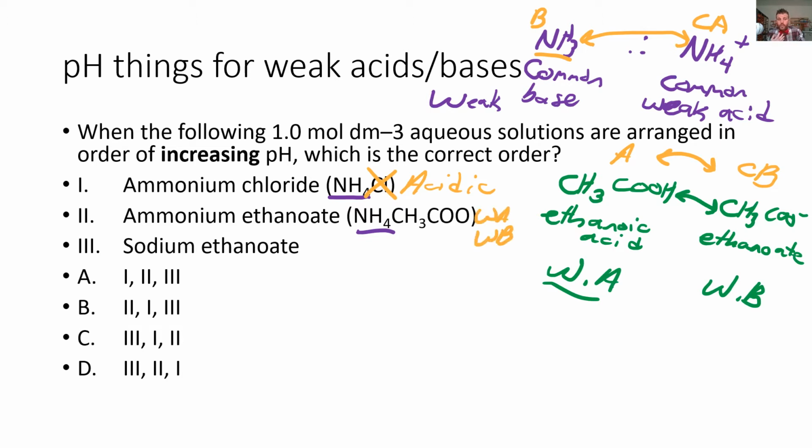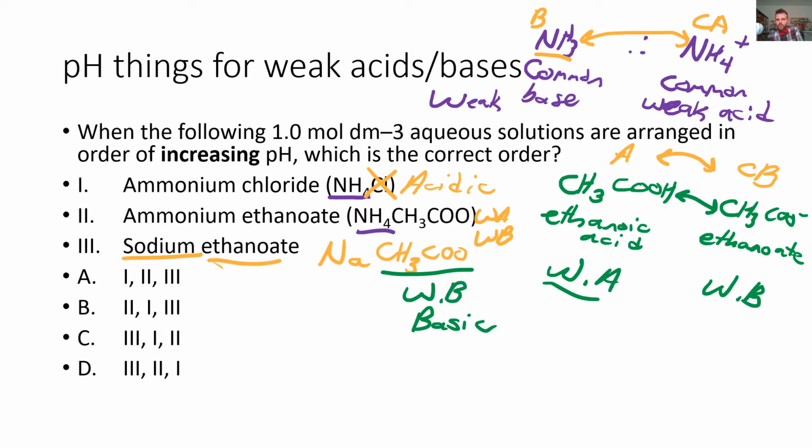We don't know what the pH is going to be, but we know they're probably going to cancel each other out. It's going to be somewhere close to 7-ish. And then last thing we have is sodium ethanoate, or NaCH3COO. And since this is the weak base, that means this is going to be basic.